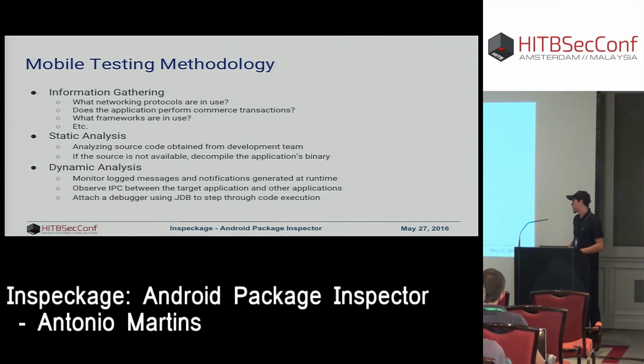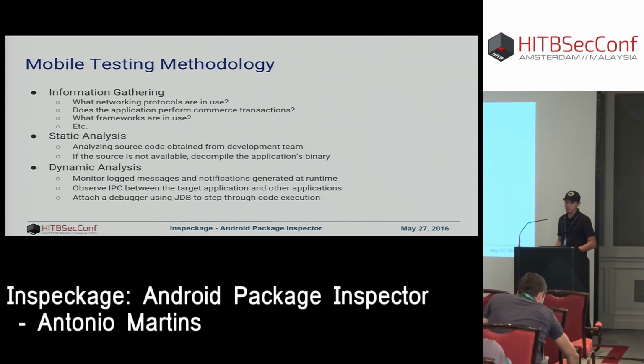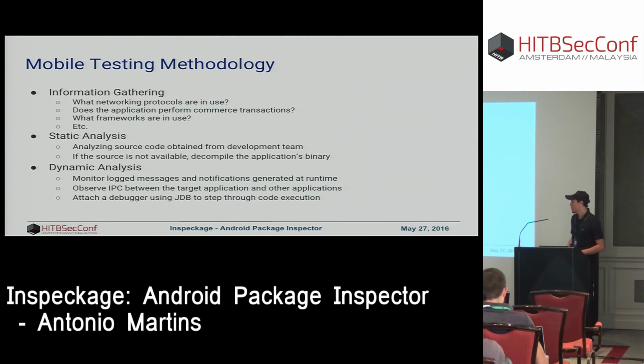In Android specifically, sometimes the logcat helps. And you need to observe the inter-process communication between the target application and the other applications, and the components. And you need to attach a debugger, like a JDB, to step through the code execution.